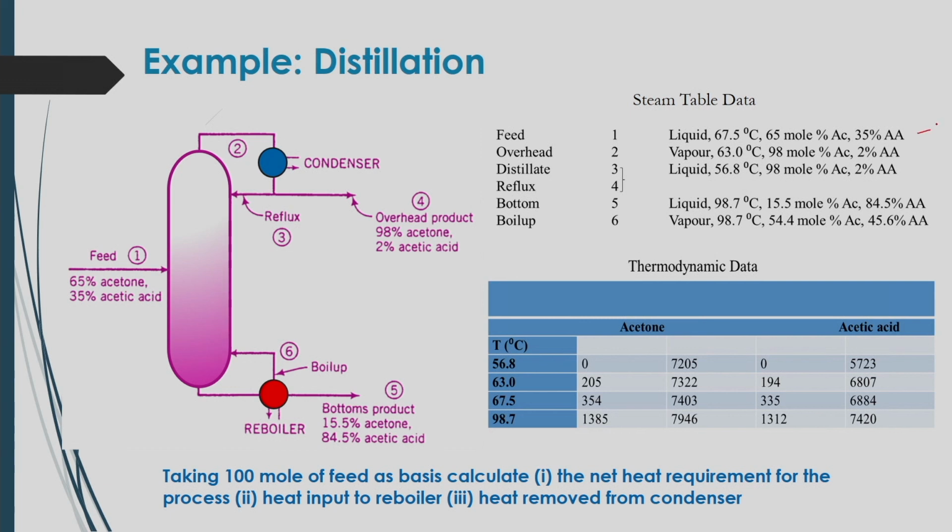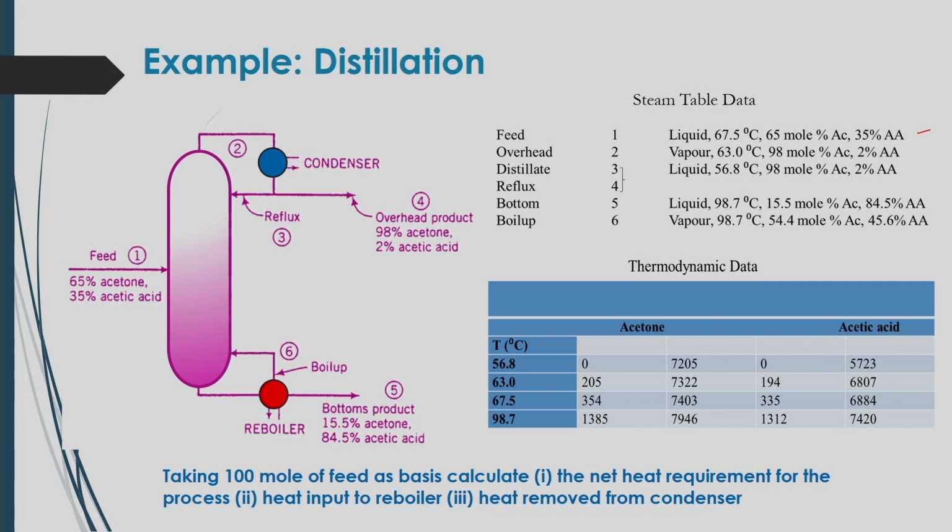In the overhead, as stream 2, we have vapor at 63.0 degrees Celsius, where 98 mole percent is acetone and 2 percent is acetic acid.